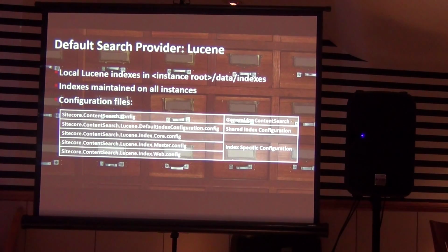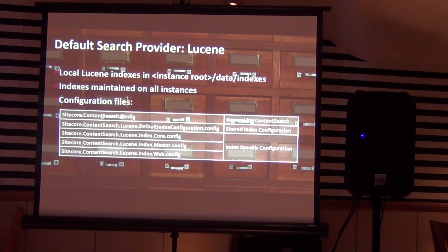So if you wanted your own index of some sort, you could, I guess, copy one of these files and modify it to suit your needs. I think it's important just to remember about Lucene that these are indexes that live on the local Sitecore instance.